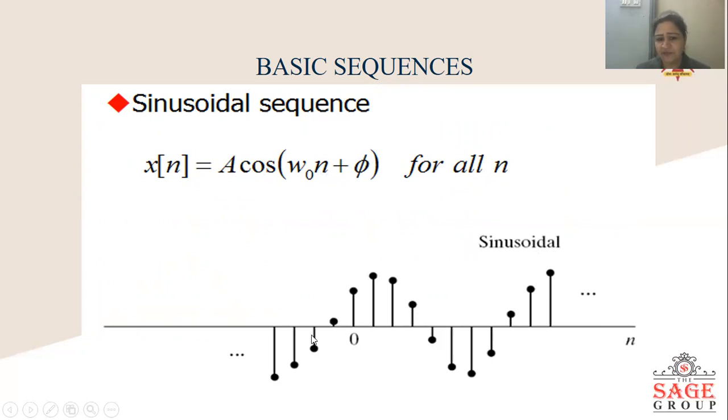If we join the envelope of these discrete values, we will get a smooth sinusoidal waveform. So these are samples taken from the sinusoidal waveform, but it is discrete in nature because samples are taken at discrete instants of time.